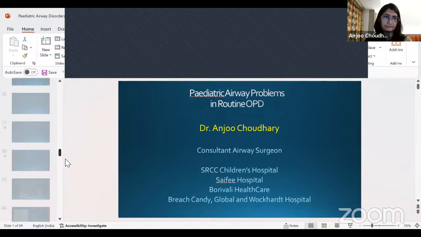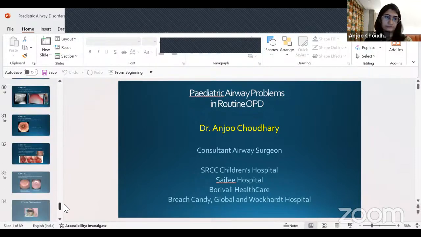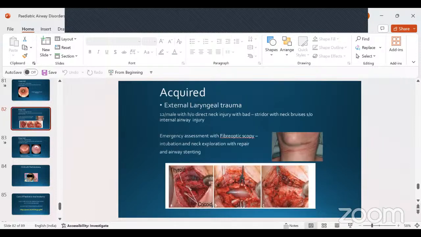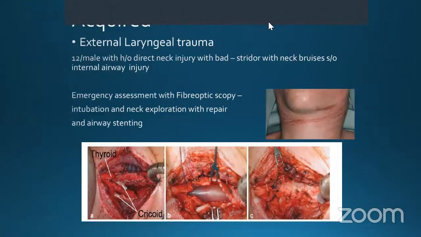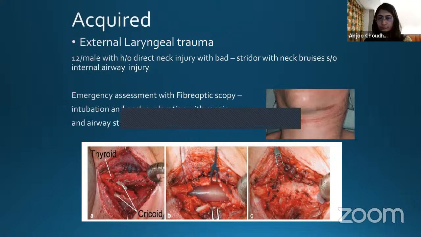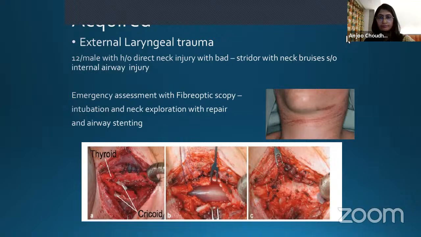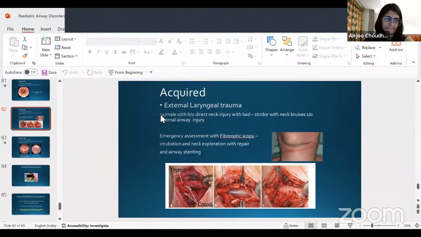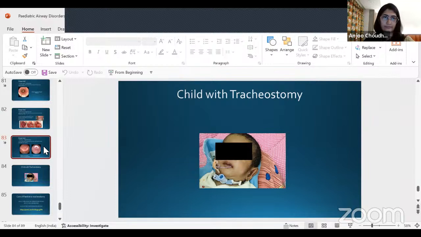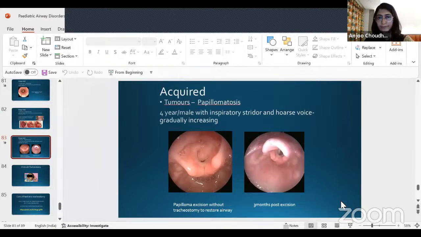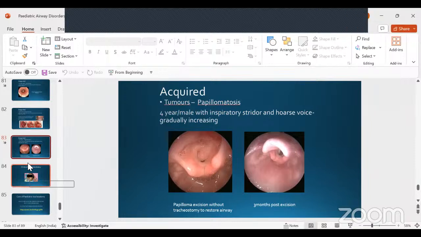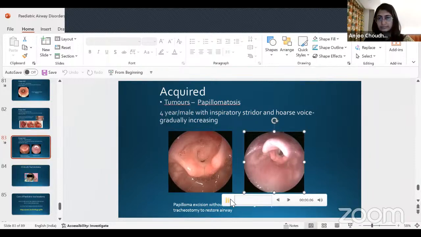Now it's visible. First slide is visible. Yes. Are you seeing the papillomatous slide? Yes, yes. Okay, so I'll show it like this.